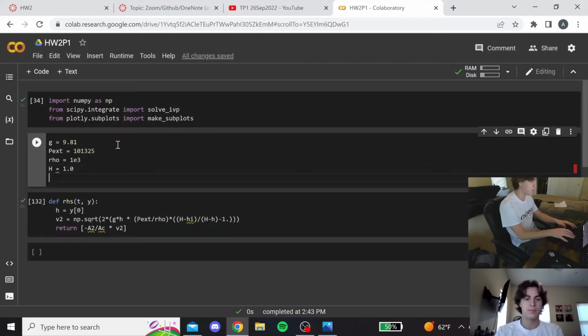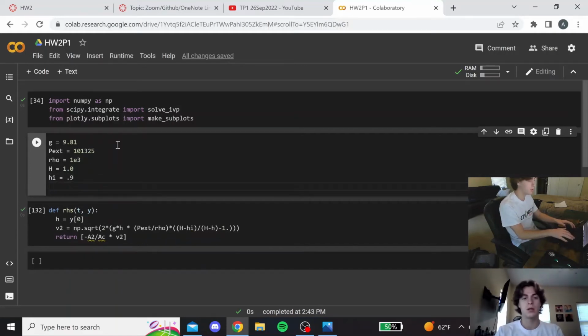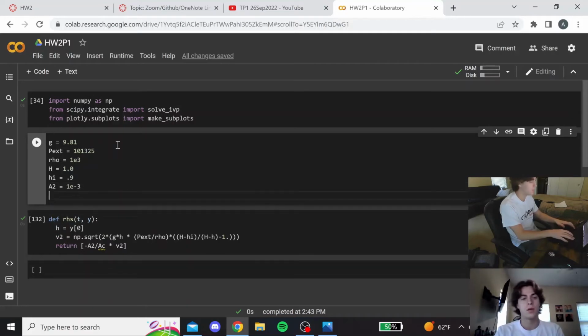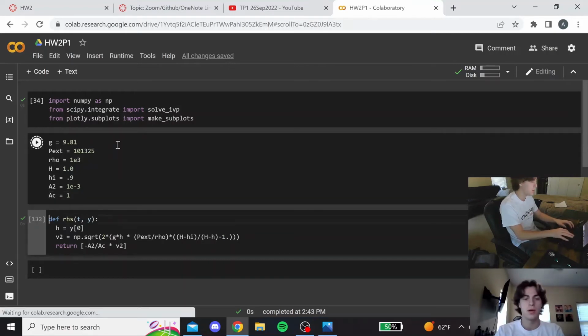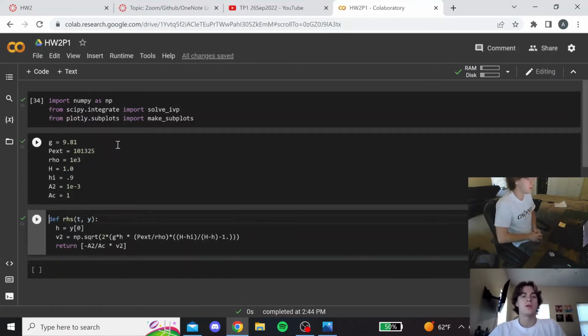The initial height of the liquid is 0.9 meters, not meters squared. The cross-sectional area of the hole is 1e negative 3 meters squared, and the cross-sectional area of the tank is just 1 meter squared. So now we have all of our initial values in there.